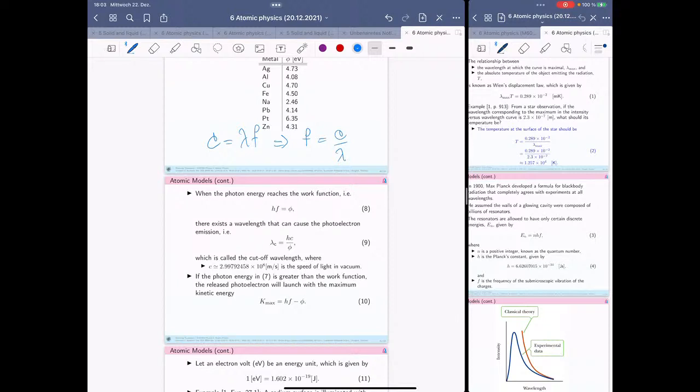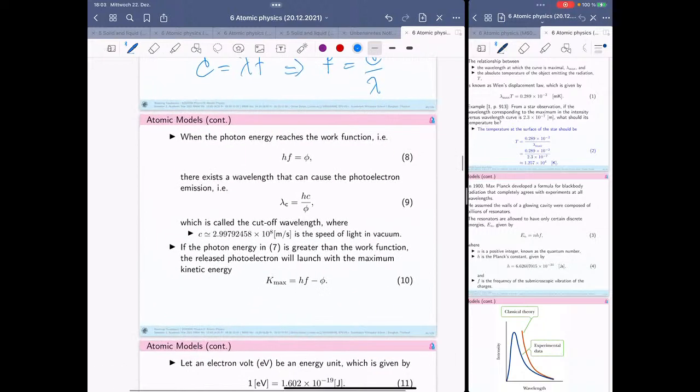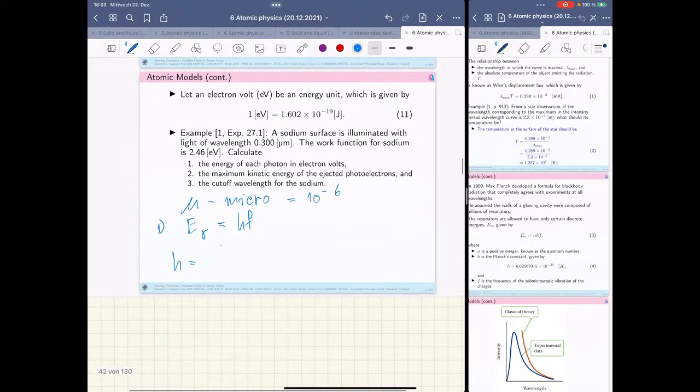Now we go ahead with this example. h is 6.626 times 10 to negative 34 joule seconds, and that's the value for h. Now we will calculate E gamma, the energy of the photon. One thing we need to know is the wavelength.